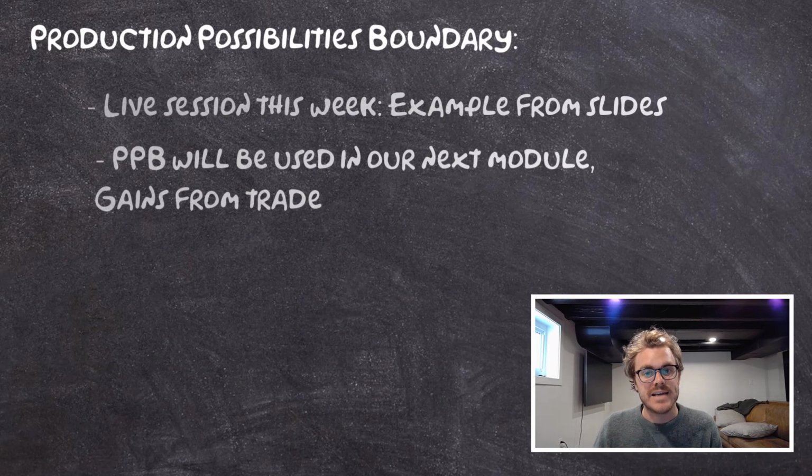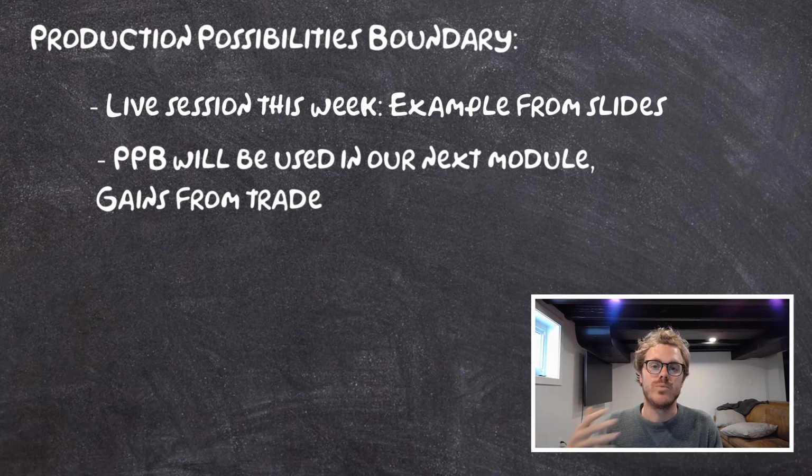In terms of that second question, what are we going to use this model for? We're going to start using it next week when we look at the next learning module, gains from trade. We're going to use the straight-lined production possibility boundary to talk about specialization, comparative and absolute advantage, and concepts related to gains from trade.